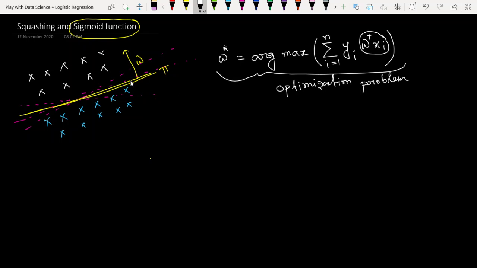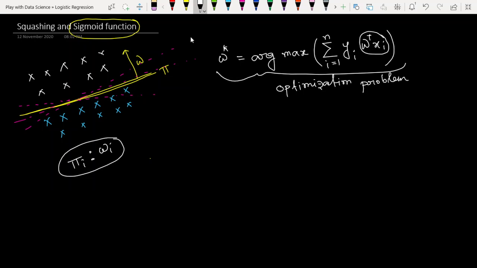Here we have seen there are many planes, and for each plane there is a w. So let's write one plane as pi i, and for this plane we have wi.